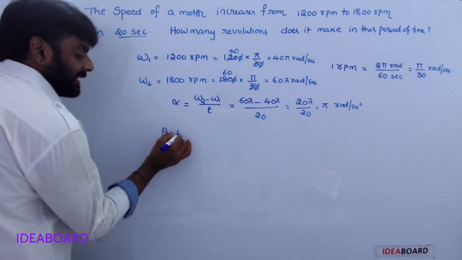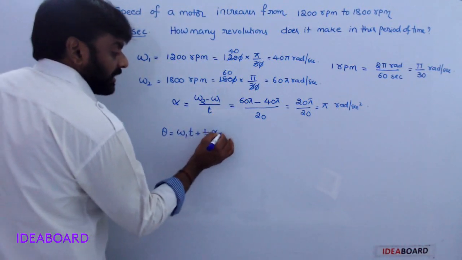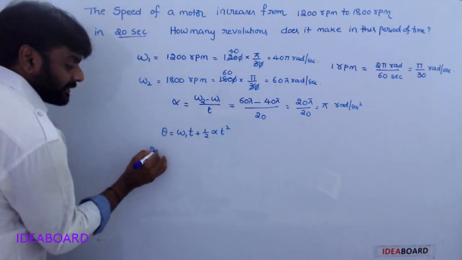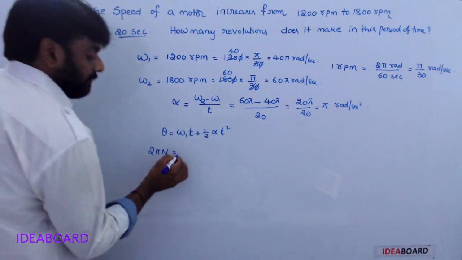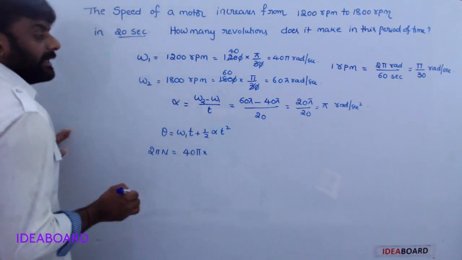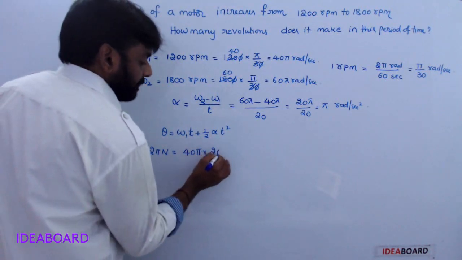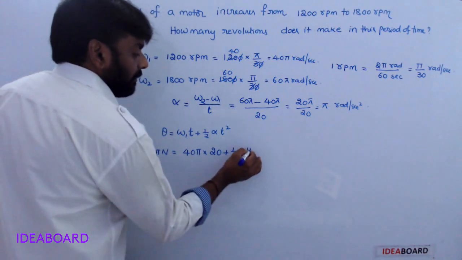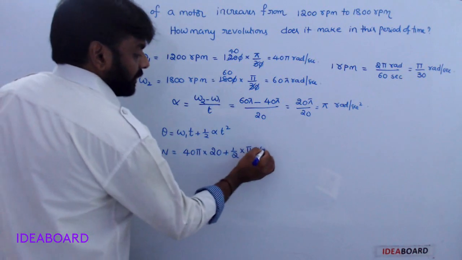Now theta is equal to omega 1 t plus half alpha t square. Theta means 2 pi into the number of revolutions. Omega 1 is 40 pi into t, time is 20, plus half alpha, pi, t square, t square means 20 whole square.